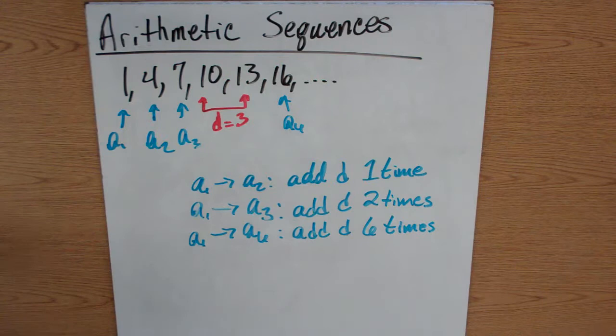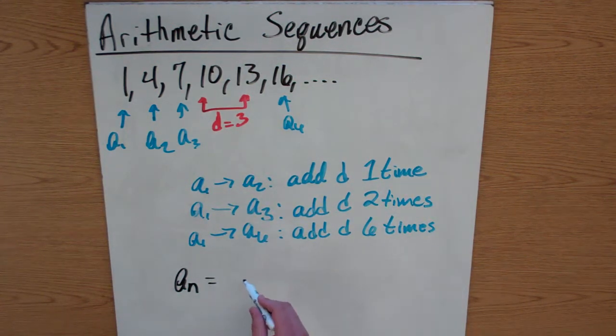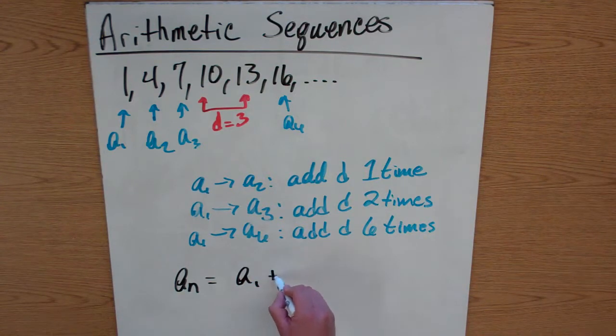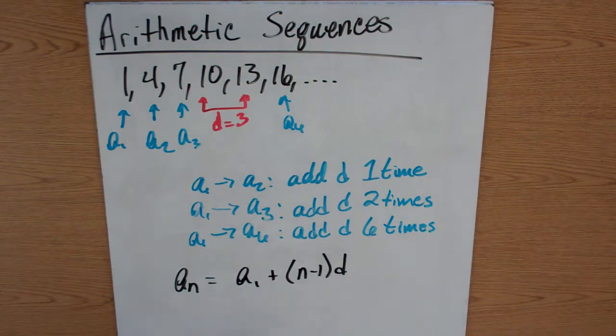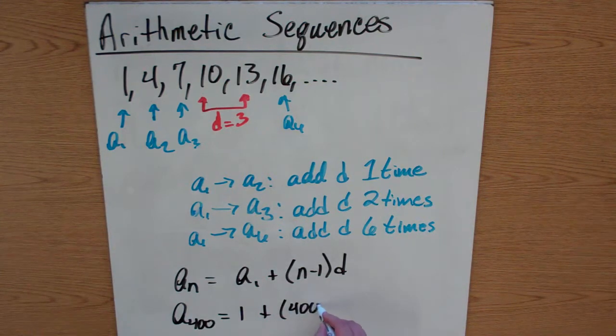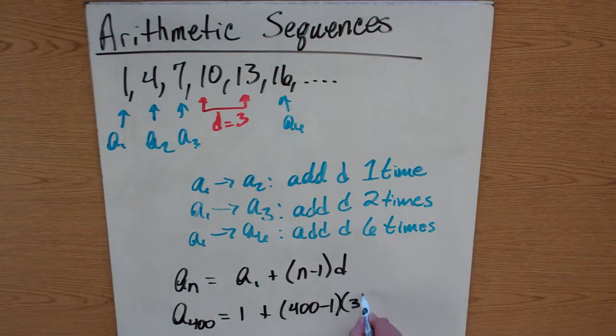Let me write that in the formula. If you wanted any term n from this sequence, say the 400th term, we take a sub 1 and add n minus 1 times D. So a sub 400 would equal a sub 1, which is 1, plus 400 minus 1 times D, which in our case is 3.